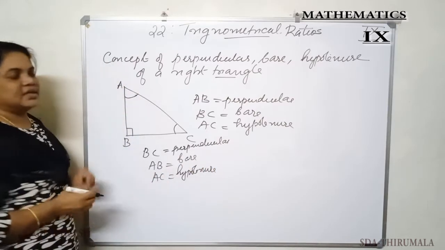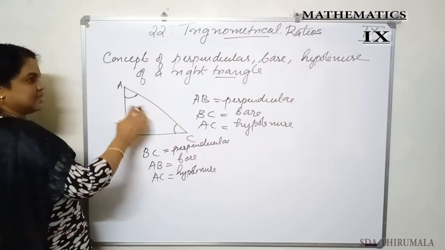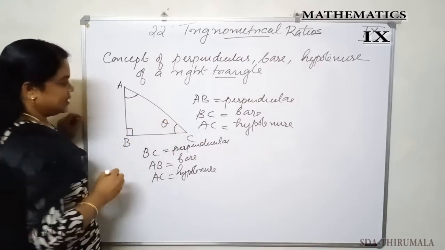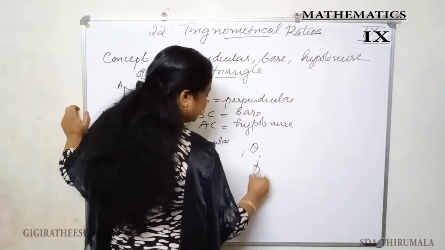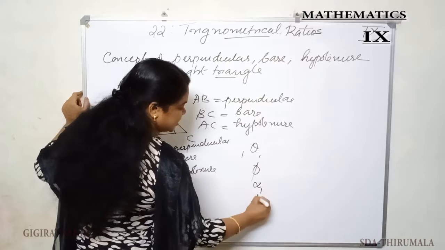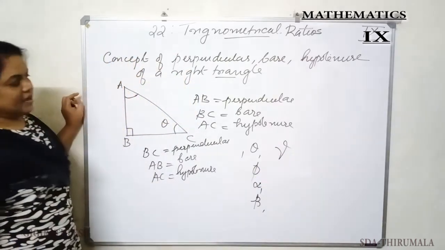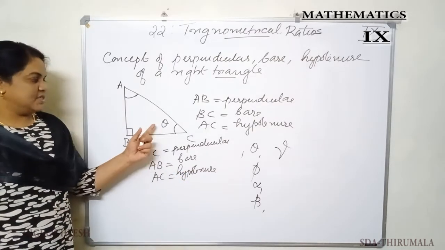We can also use notations for this angle of reference, such as theta, psi, alpha, beta, gamma, etc. We can use any Greek alphabet for the angle of reference.